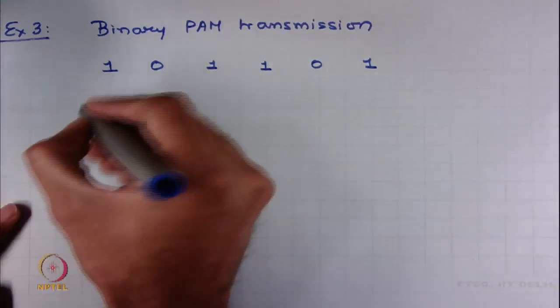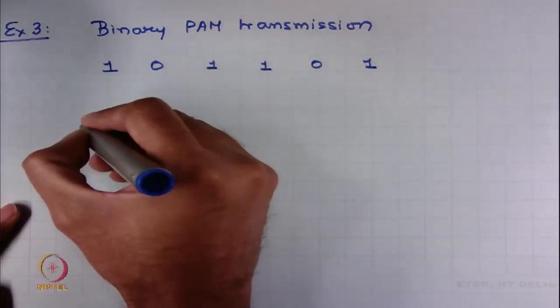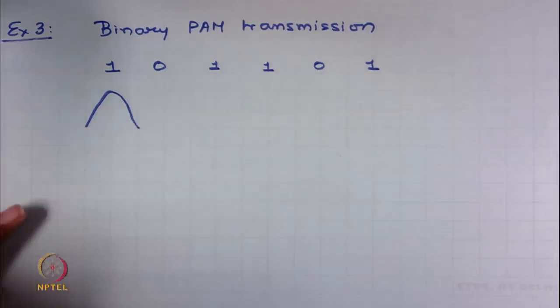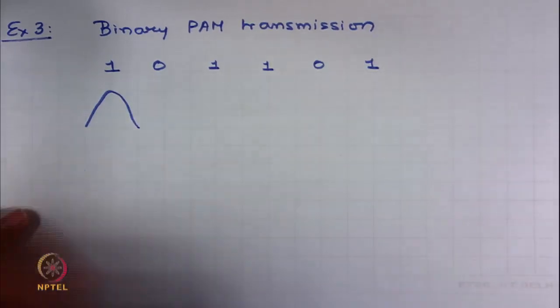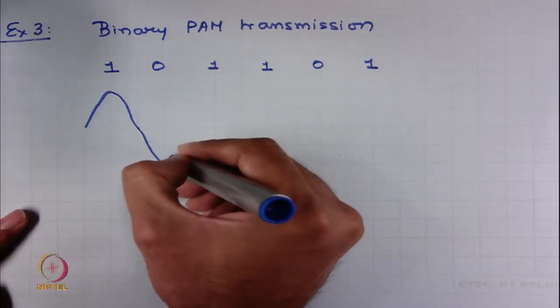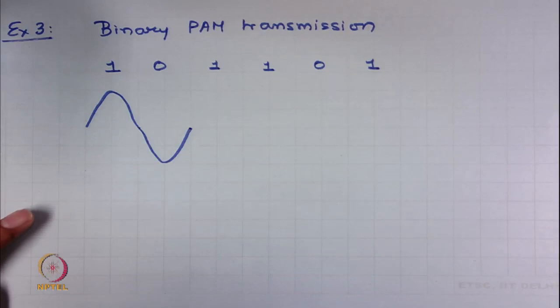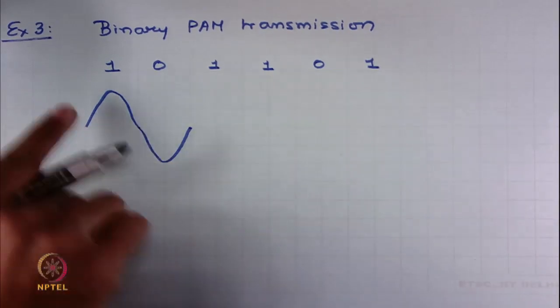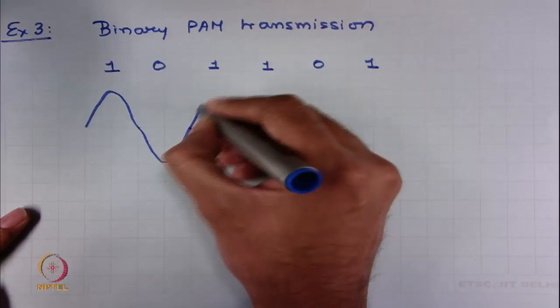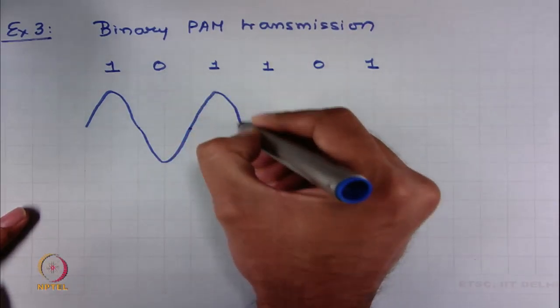Let me assume that to transmit 1 I use a pulse shape like this, and to transmit 0 I use a pulse shape like this. This pulse shape is nothing but the negative of this pulse. For 1 again I use a pulse like this.